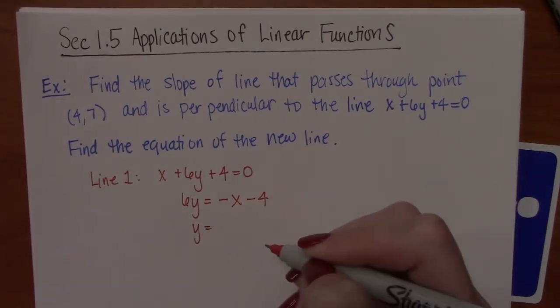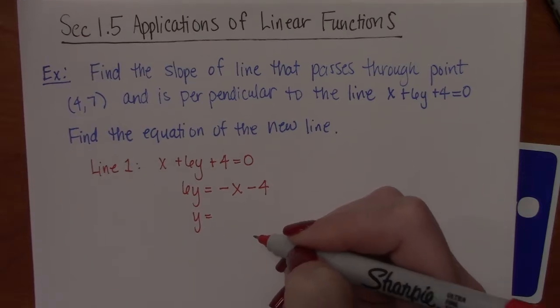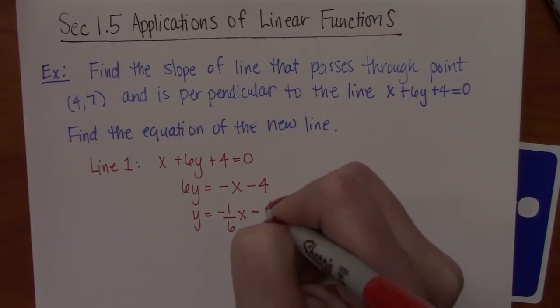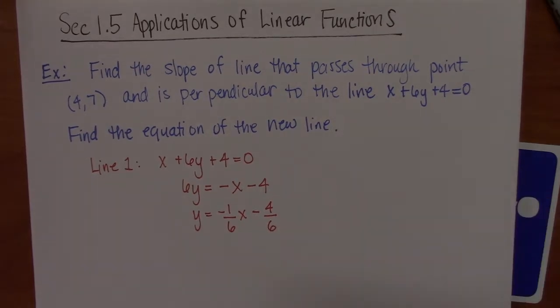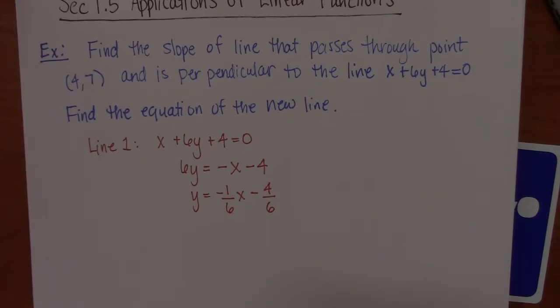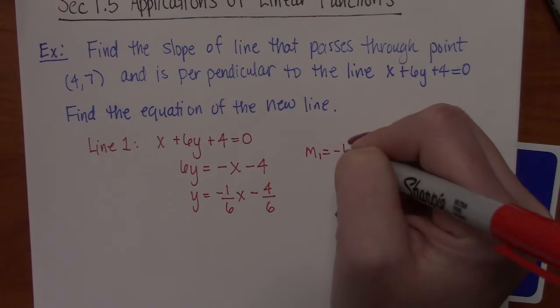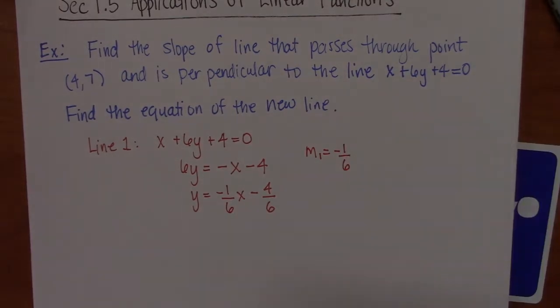I mentioned this on Monday: when we divide by 6, we want to divide each term by 6, not the whole equation. Even though 4/6 would simplify down to 2/3, we don't really care about that, because all we want to do is extract the slope out of this line. So the slope of line 1 is just negative 1/6. I can pull it right out of the line.